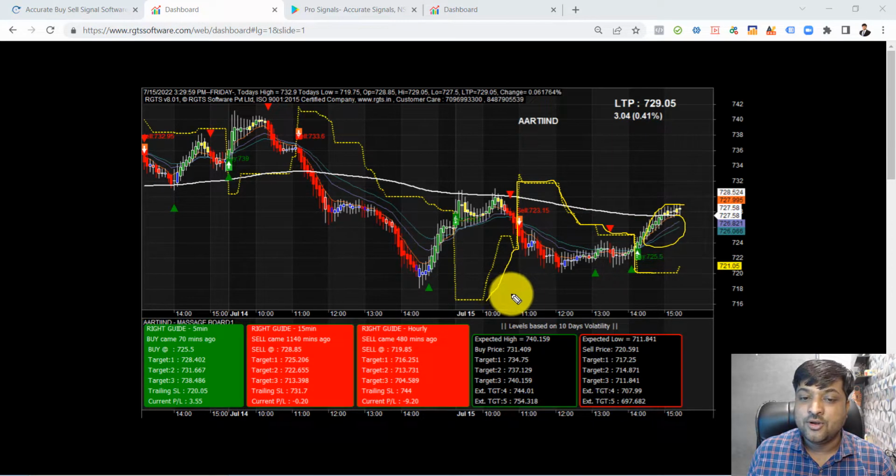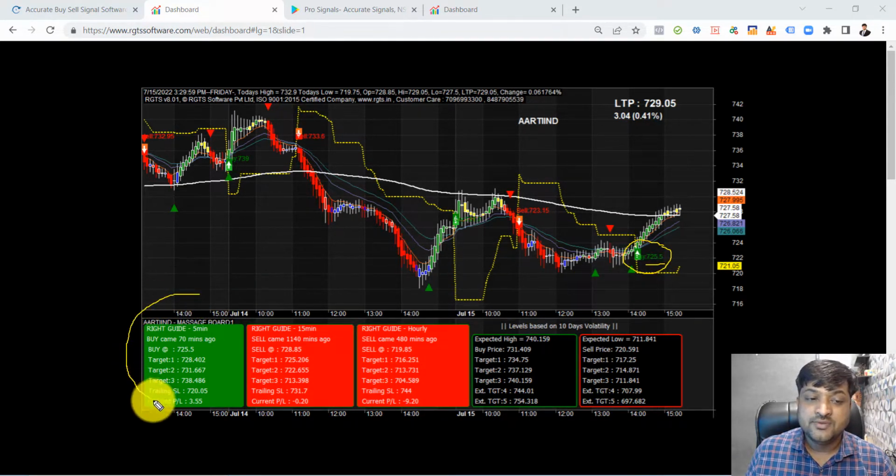And this is the yellow line. Normally the yellow line acts as your stop loss. Which means if you check here, there is one buy signal, right? This buy signal buys at 725.50.